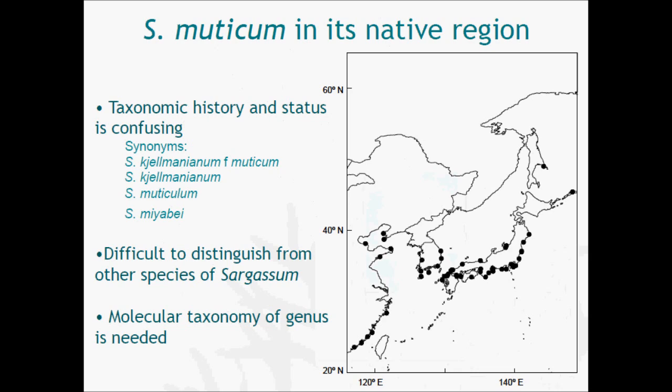It's difficult to distinguish Sargassum muticum from other species. There is a need for molecular taxonomy of this genus, so it's not simple. This is being done. There are some publications already about this. So in the original native region, there are a lot of species similar to Sargassum muticum.